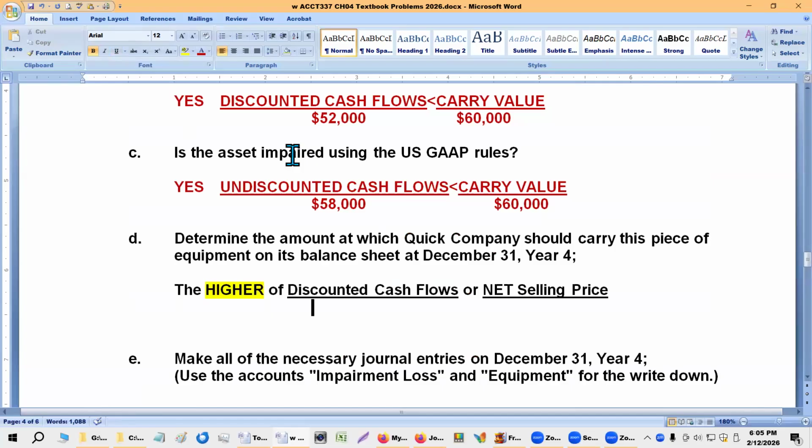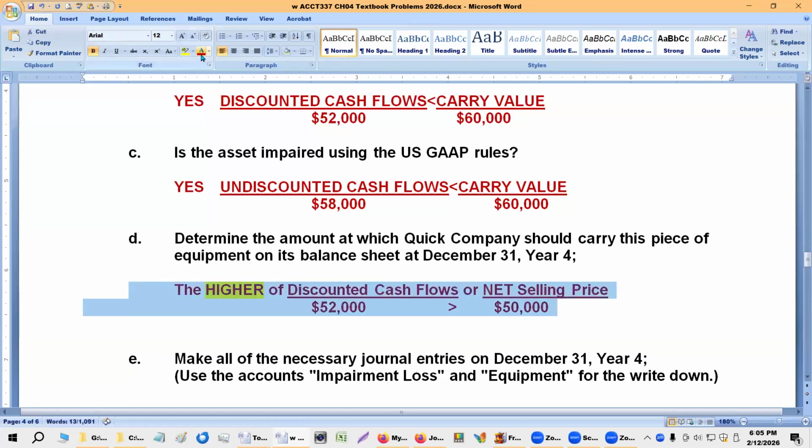Discounted cash flows was 52,000, and that is higher than the net selling price of 50,000. So this is why we go with the 52,000.